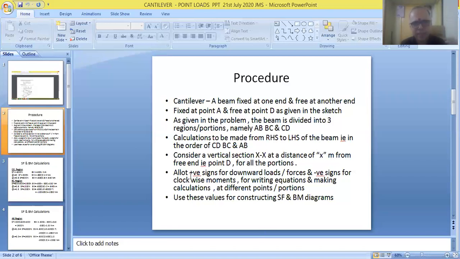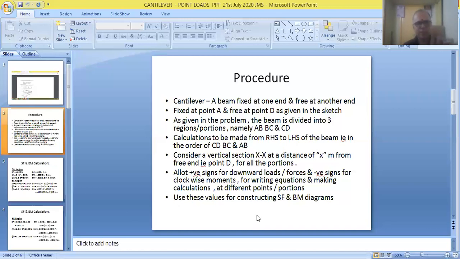So considering vertical sections and allocating signs for different forces and different movements is very essential for constructing shear force diagrams and bending moment diagrams.